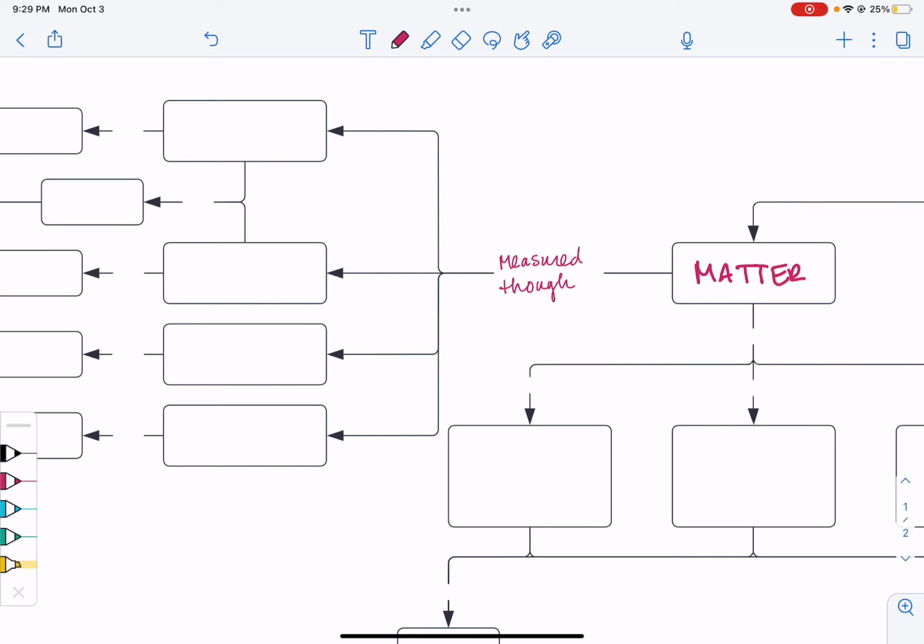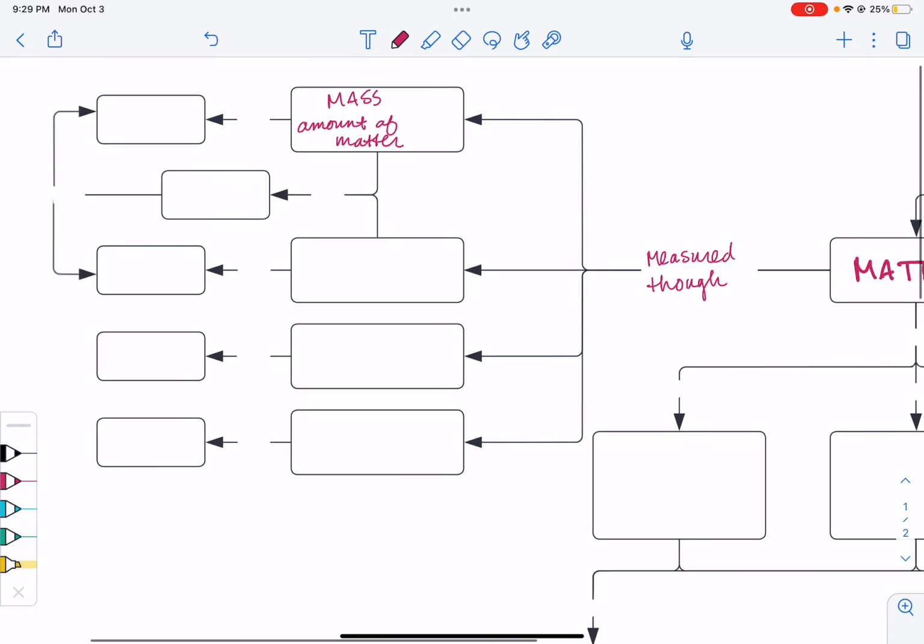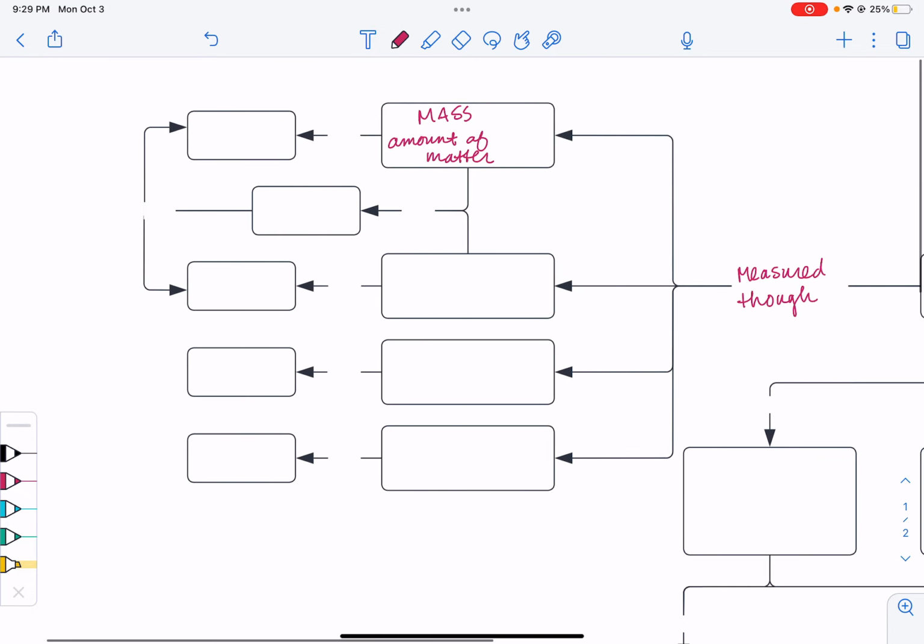We measured matter through mass, which we defined as the amount of matter. And we measured mass in units of grams.